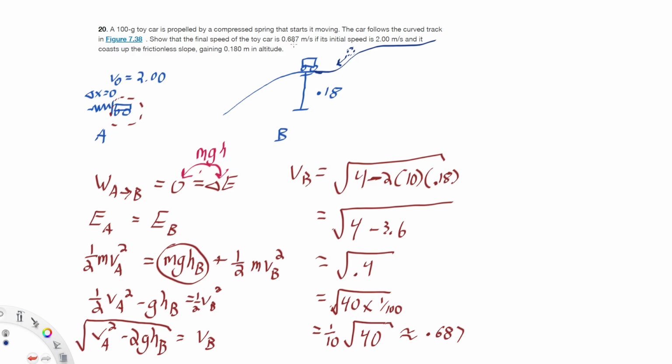Because we took the square root, it's either a plus or a minus. So for problems with hills, we would just consider the x direction to determine whether velocity is positive or negative, and not look at the y direction. So what I'm trying to say is it doesn't matter.